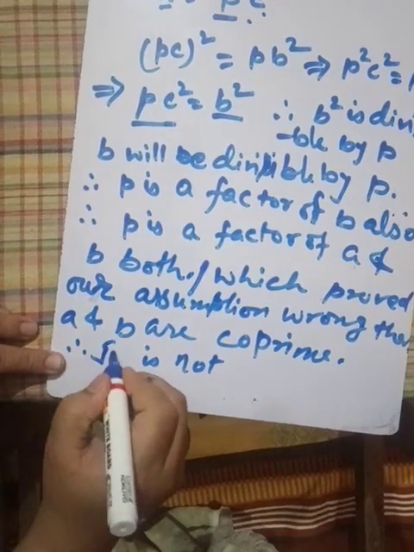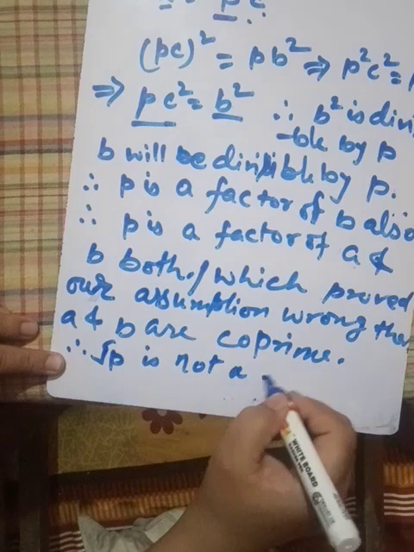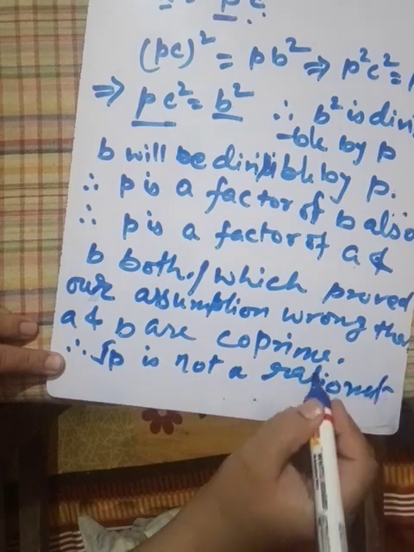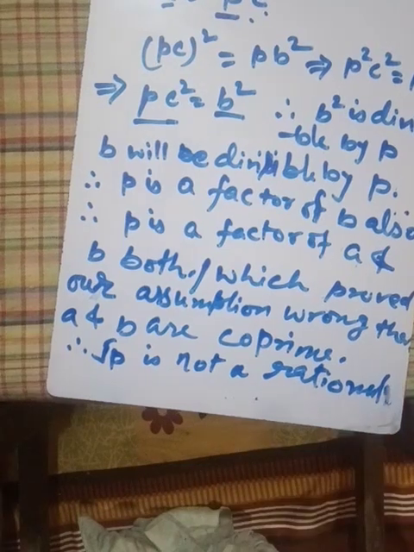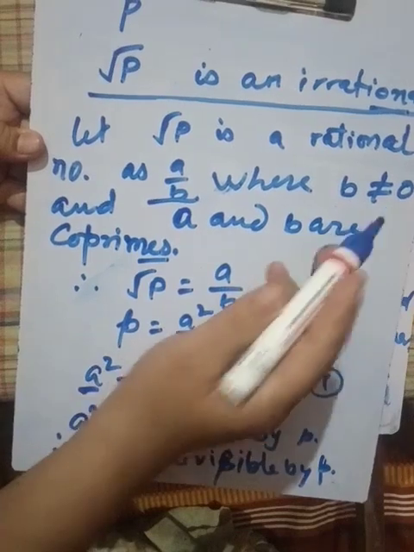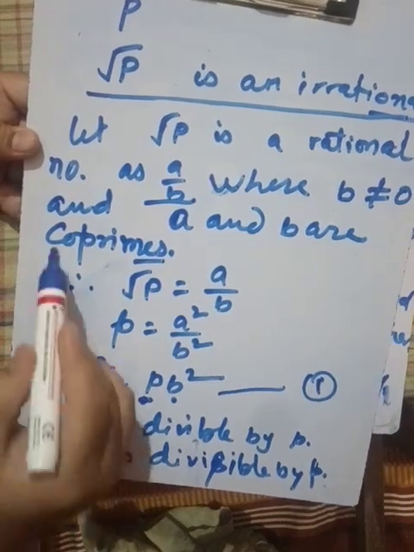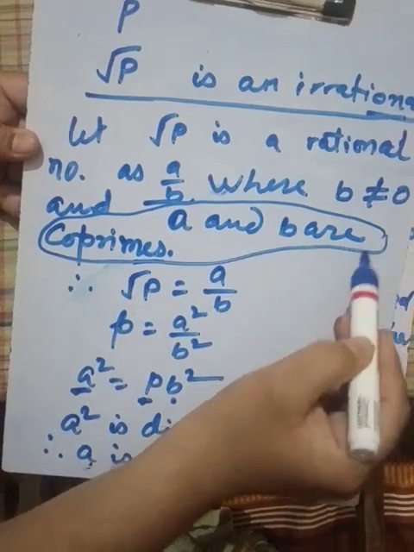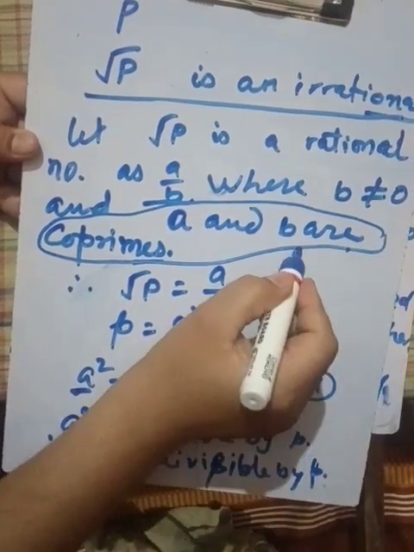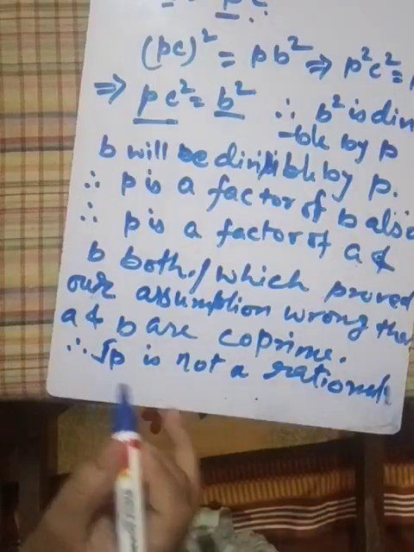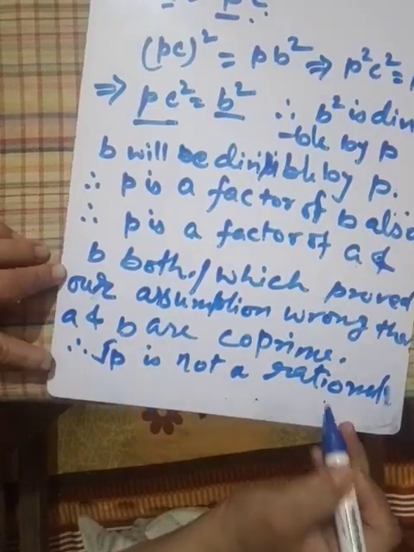Therefore, root P is not a rational number. Why is it not a rational number? Because I have taken earlier root P is equal to A by B, where A and B are co-prime, but I have got that A and B are not co-prime, so this part is wrong. If this part is wrong, that means this whole supposition is wrong. So we will write here root P is not a rational number.